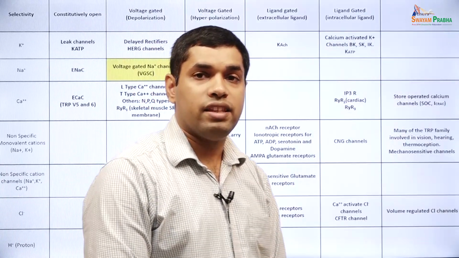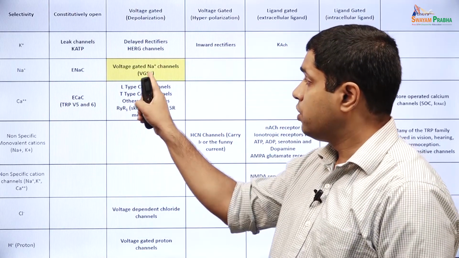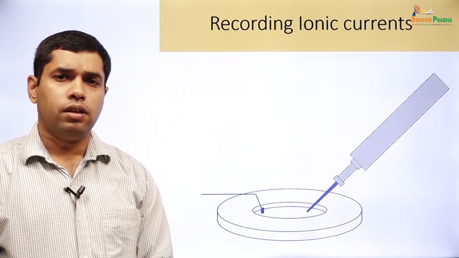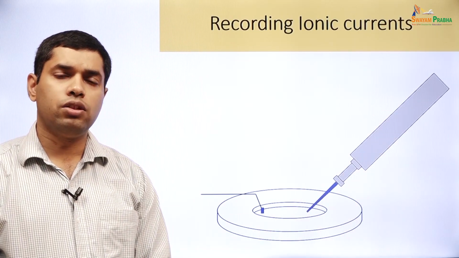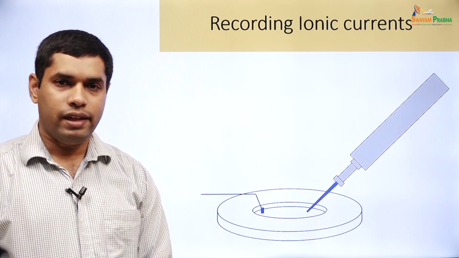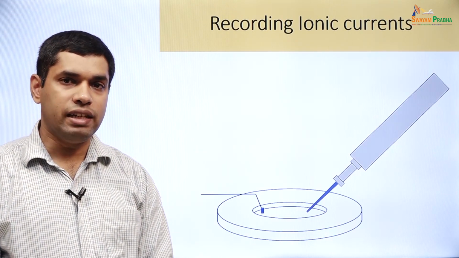Now let's look at the next channel, which is the voltage gated sodium channel. Let's take a moment and look at how these ionic currents are actually recorded. That's commonly done by the patch clamp technique.